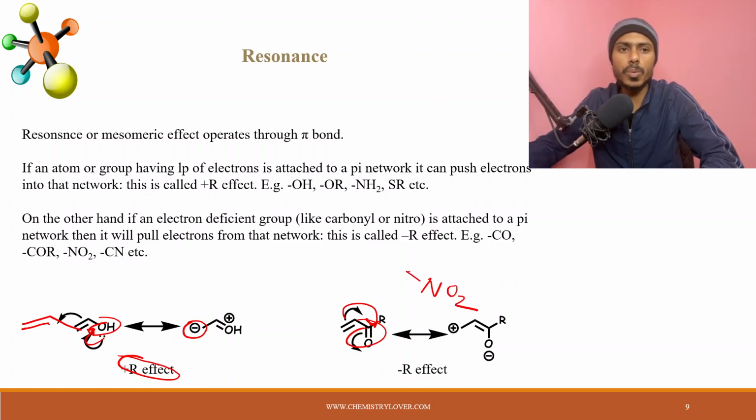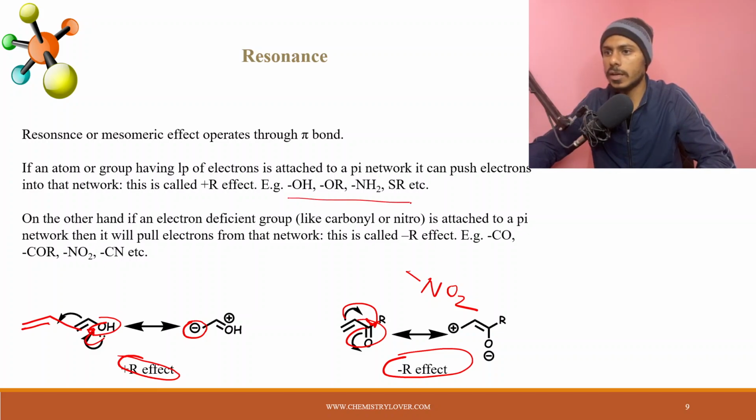These groups will pull electron from the pi system, and this we call minus R effect. So these are the groups having lone pair, they will show plus R effect, and these are the groups having low lying vacant orbital, they will show minus R effect, right?